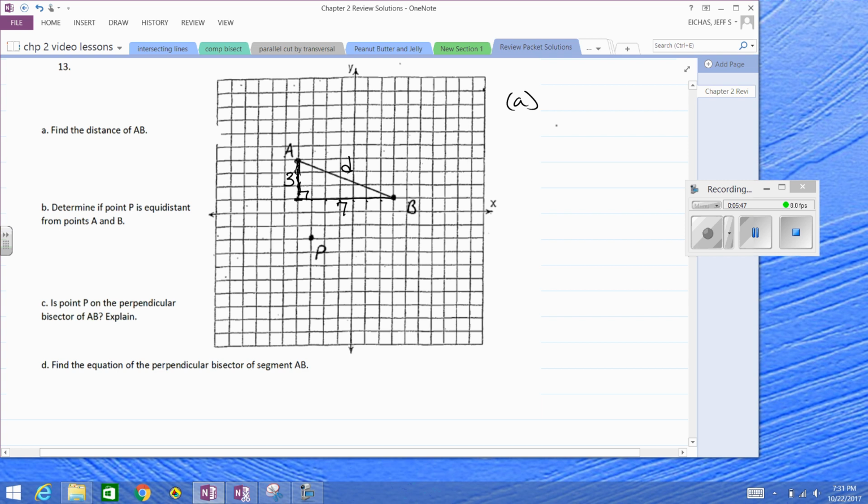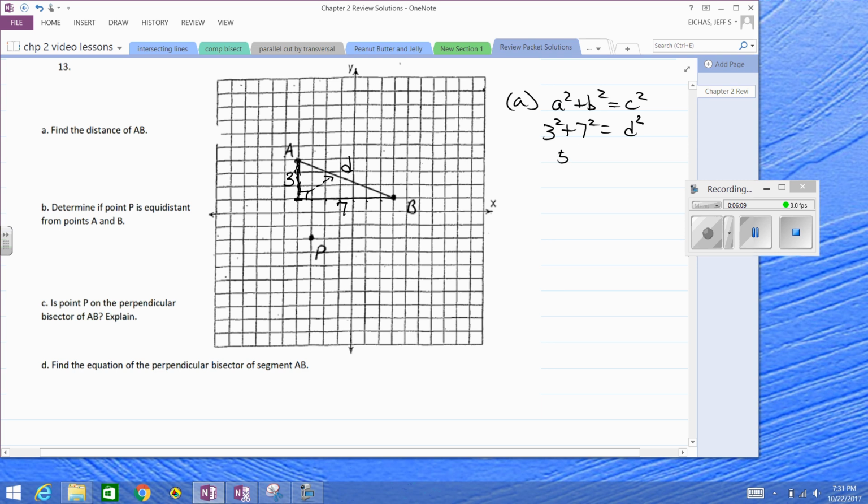All right, I'll throw the work over here for A. So what I'm going to be using is the Pythagorean Theorem. A squared plus B squared equals C squared. All right, C is always the longest side across from the 90 degree angle. So 3 squared plus 7 squared equals, we're going to change it to D squared, just because I put D there. You can leave C there, however you want to do it.